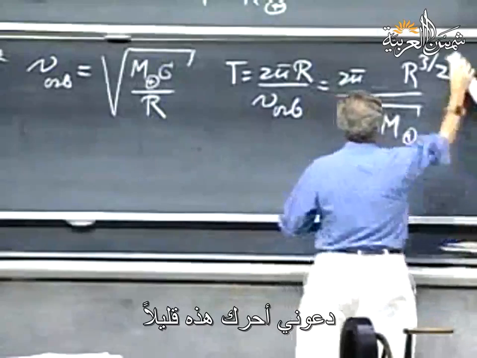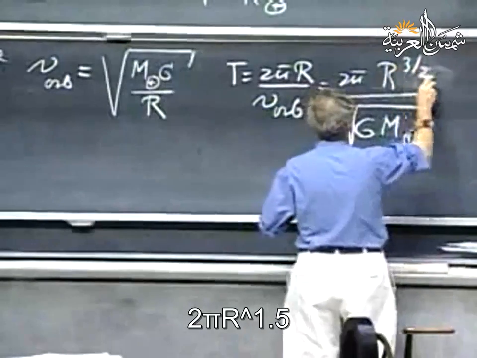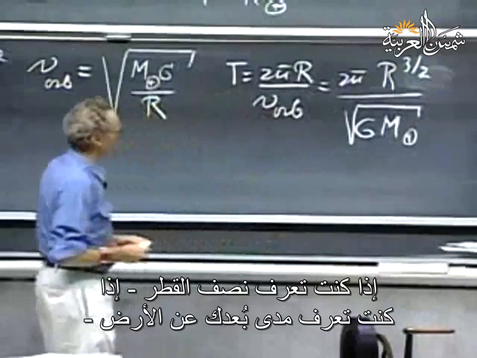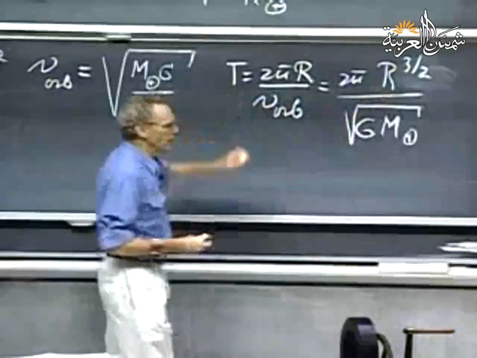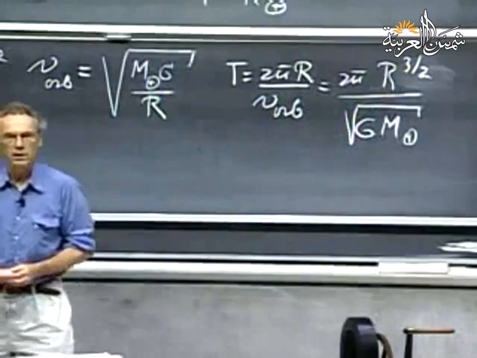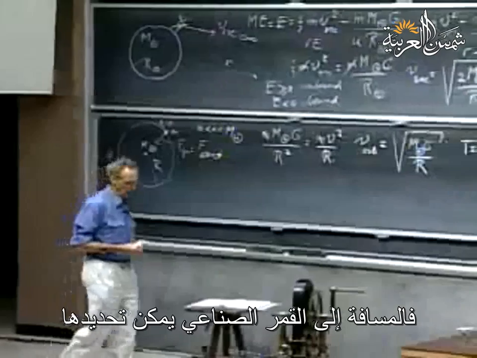Let me move this in a little. T equals 2 pi r to the power 3/2 over the square root of G M. So again, if you know the radius, if you know how far you are away from the Earth, the period follows uniquely. If you know the period, then the distance to the satellite follows uniquely.